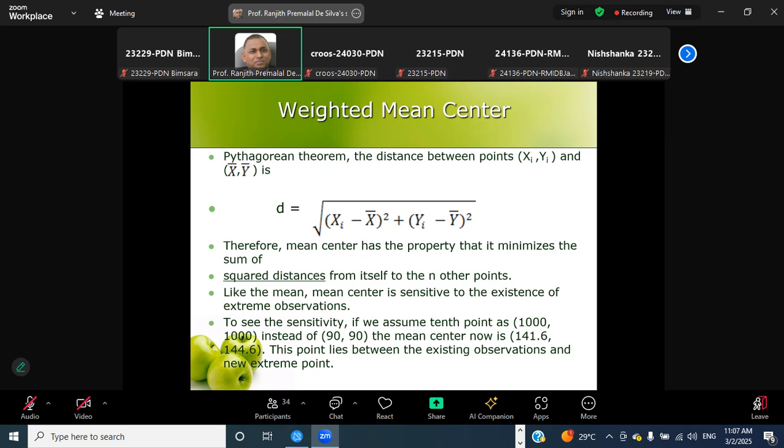Some parameters are measured by how they respond to extreme values. If they can respond well to extreme values as well, that's a good estimation. But unfortunately, the mean center and the weighted mean center are unable to be non-sensitive to extreme observations. They are sensitive.